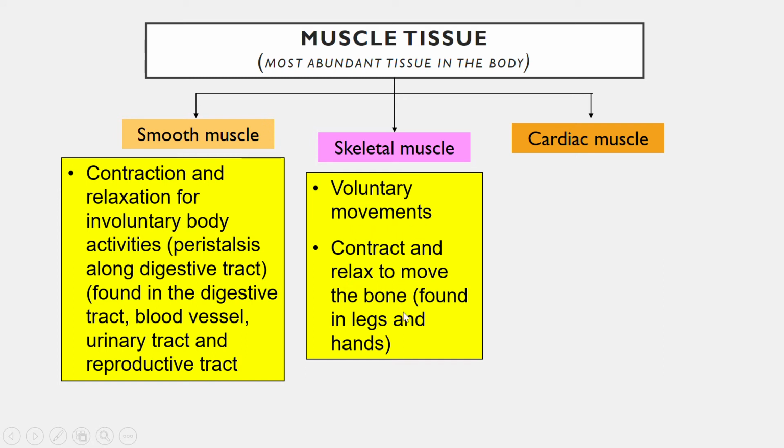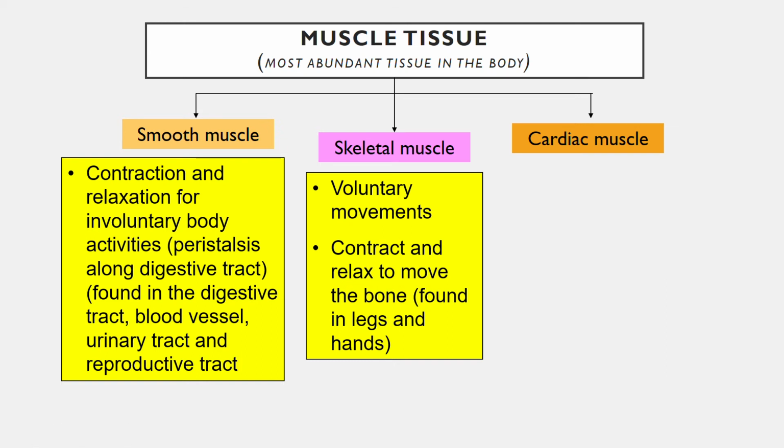Okay, if you're moving your legs and your hands, okay, that is skeletal muscles. But for those involuntary body activities, the examples are peristalsis along the digestive tract, for example. You did not realize this. Okay, even in the urinary tract, in the reproductive tract, you do not realize this. So it is involuntary body activities.